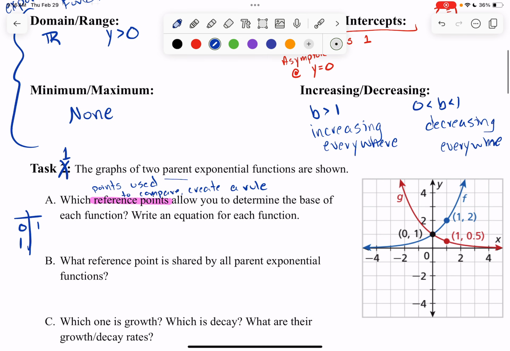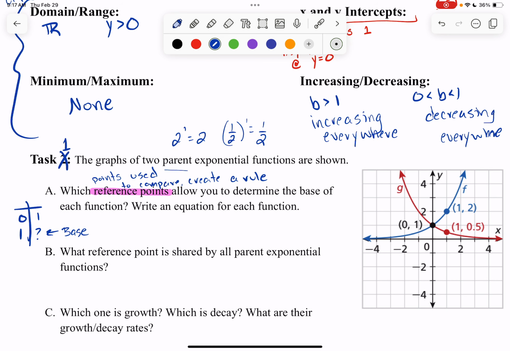And this next one, anything to the first power is itself. 2 to the first is 2, 1/2 to the first is 1/2. So this reference point helps us determine the base of the function, again, unless I'm shifted up, down, left, right, and then we'll have to adjust for that. Which reference point allows you to determine the base of the function?